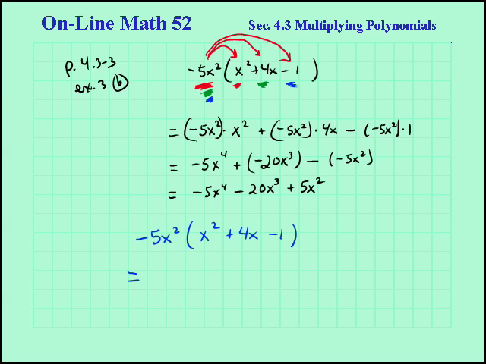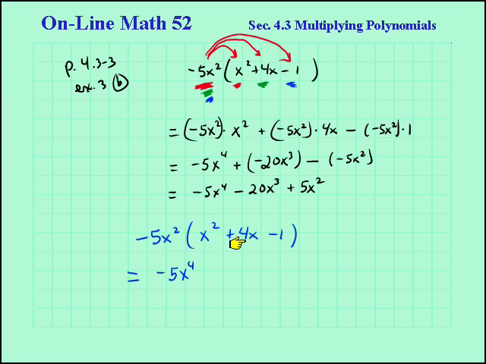That would give us a negative 5x to the fourth. Then, think, before we write anything down, come back out here, negative 5x squared times a positive 4x. We should treat that plus sign as a positive 4x. So negative 5 times positive 4, negative 20.